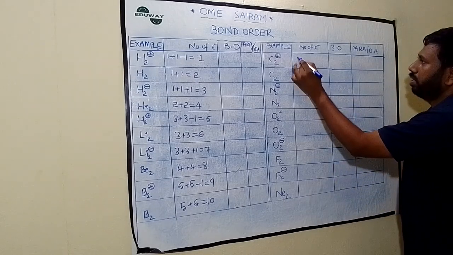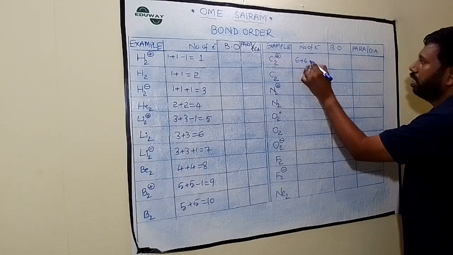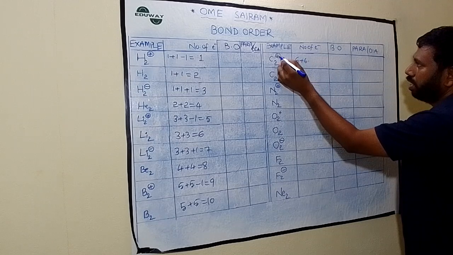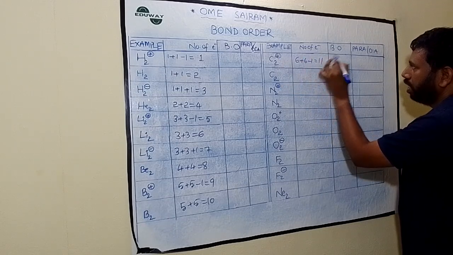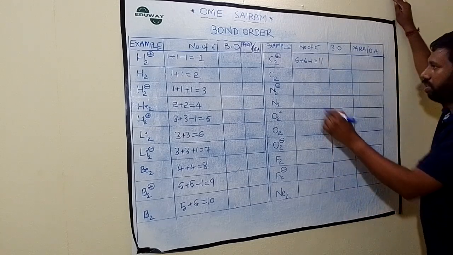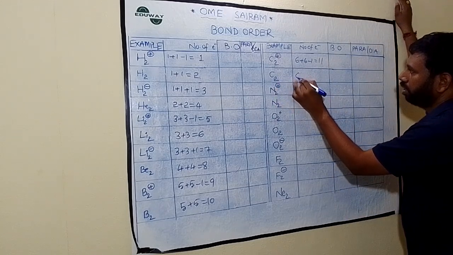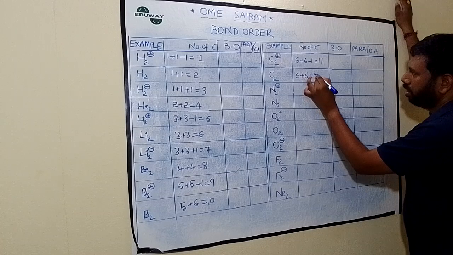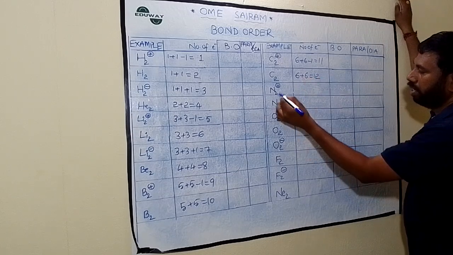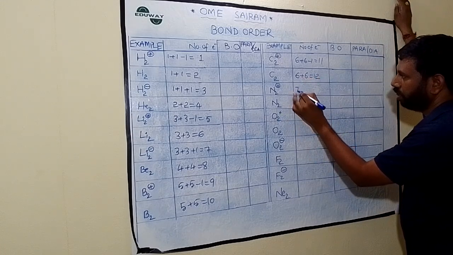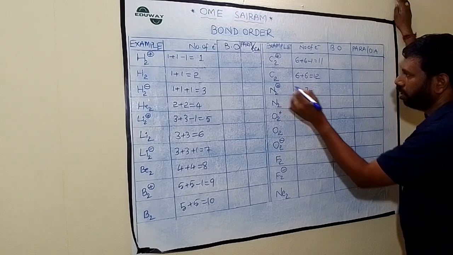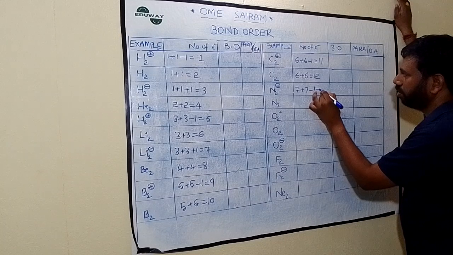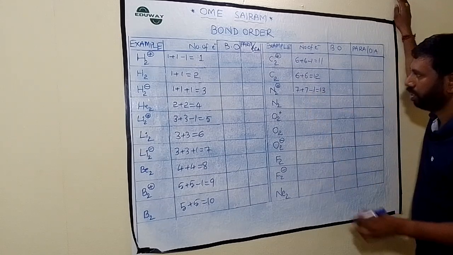Carbon atomic number 6, 6 plus 6, and 1 electron is less, 11 electrons. Now carbon C2, 6 plus 6, 12 electrons. N2 positive charge. Nitrogen atomic number 7, 2 nitrogen atoms, 7 plus 7, and 1 positive charge is nothing but 1 electron less, 13 electrons.